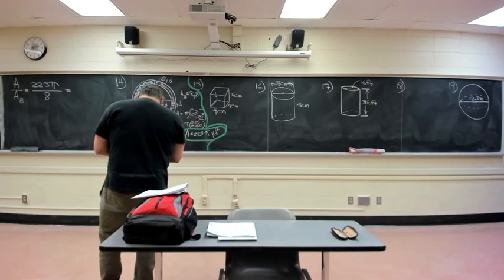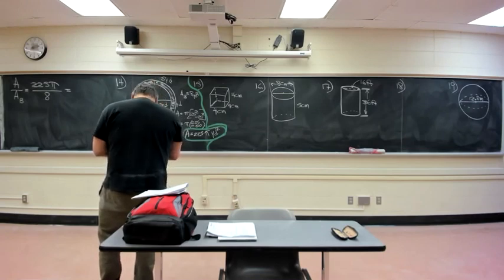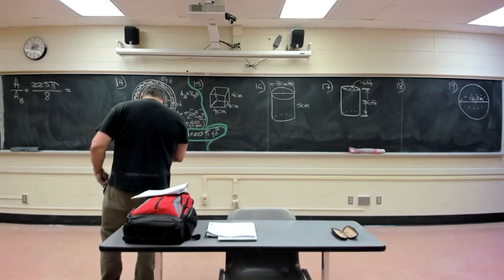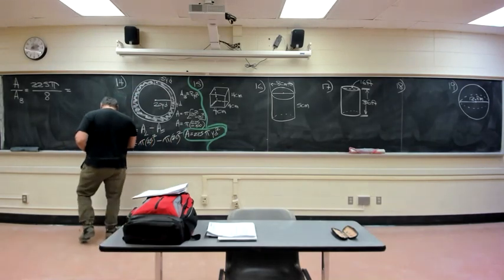Let's have a look here. Let's see what we can say. Pi times 225 divided by 8. Yeah, 88.373, roughly.